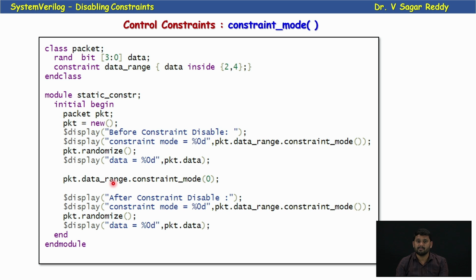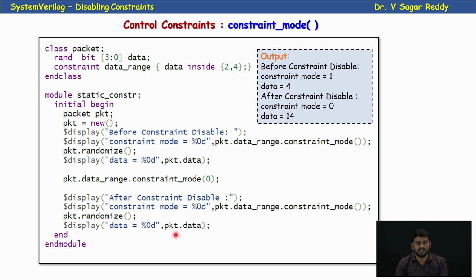Then I'm disabling the constraint data range by using the object handle, pkt dot data range dot constraint mode 0. After disabling, I print the constraint mode, the active state of that constraint, and randomize once again. So what will the data be? We'll see in the output.